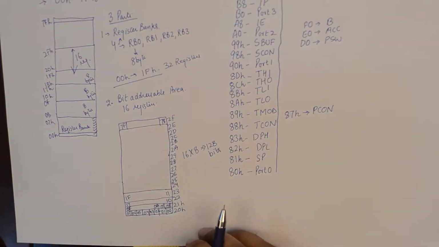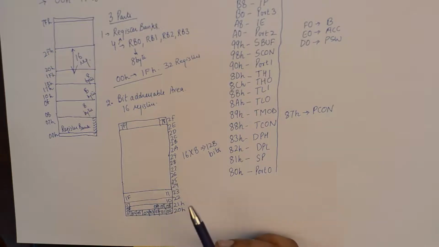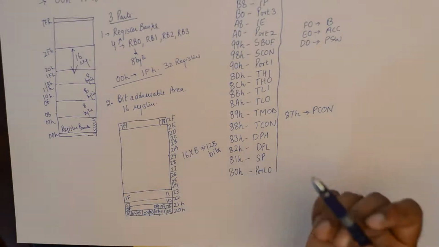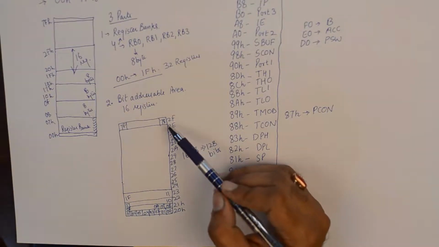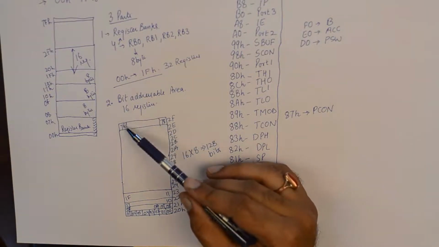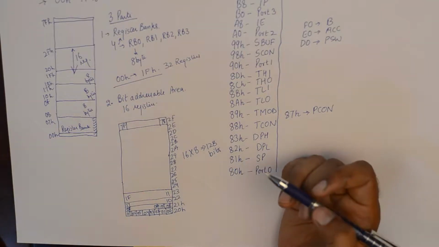So it is very important to make a table of all these bit addressable area registers, and you should know that 2F register, for example, has bit addresses ranging from 78H to 7FH.